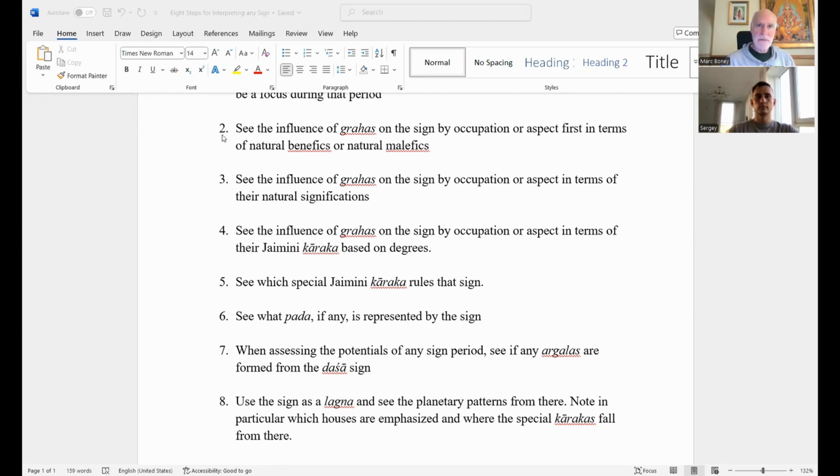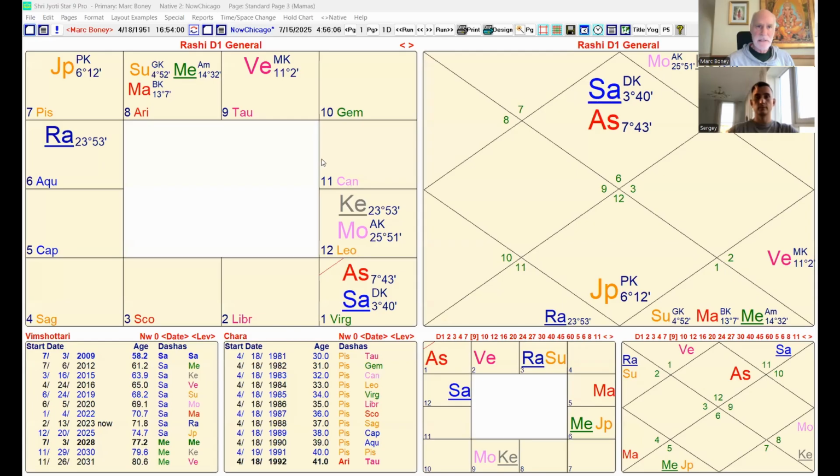So how do we determine padas? Padas are determined by taking any house, any sign, taking the Lord, see how many signs that Lord has gone from its own sign forward in the zodiac, and then counting an equal number from there, right?